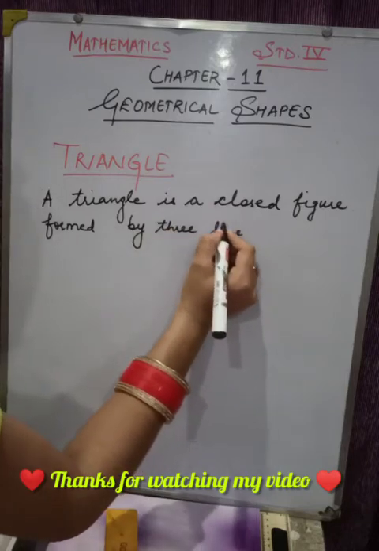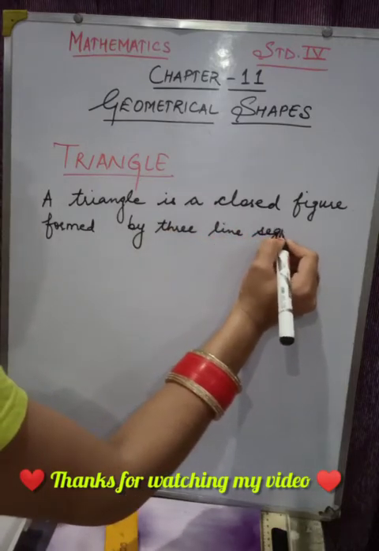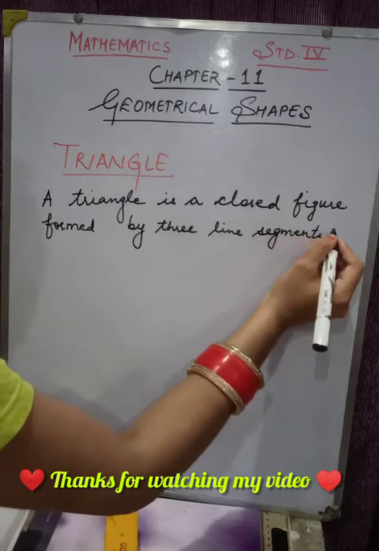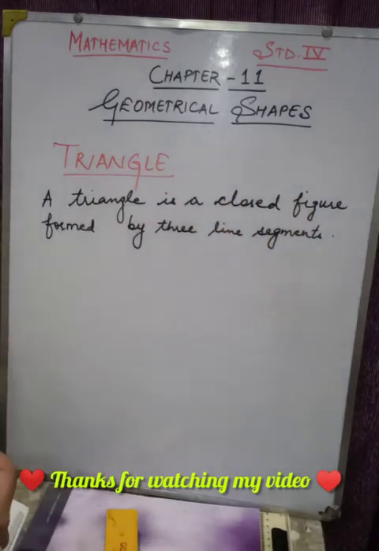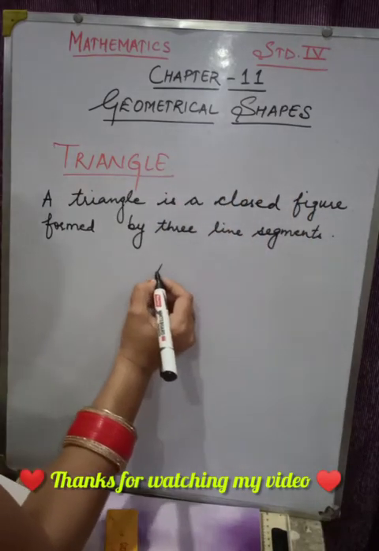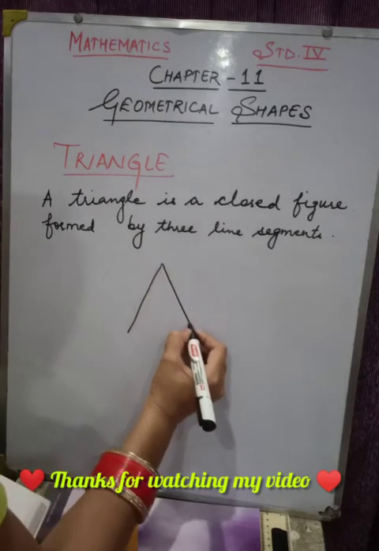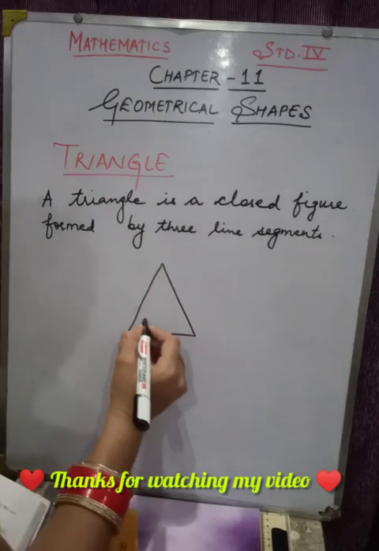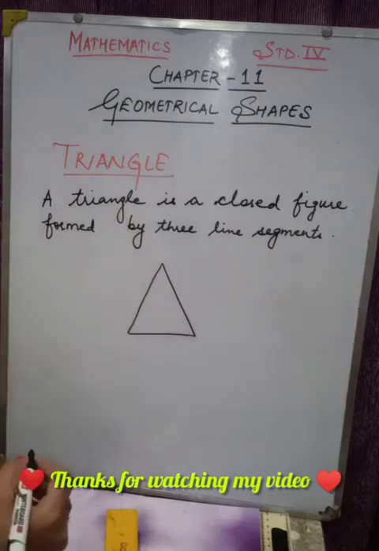What is the shape of a triangle? Three line segments. It is a closed figure. So we have three sides of a triangle.